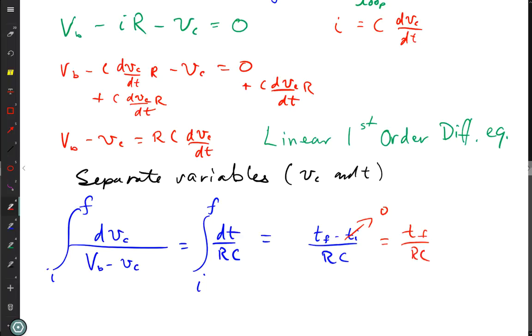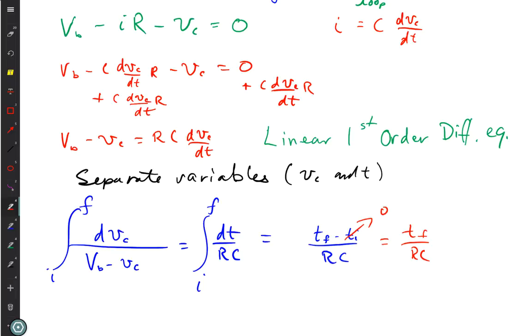The left side, what do we have to do on the left side to integrate this? What? Not separate. It's already separated. VC is the only variable there. You say, Aaron? Can you do U substitution? That's what you do. You do a U substitution.